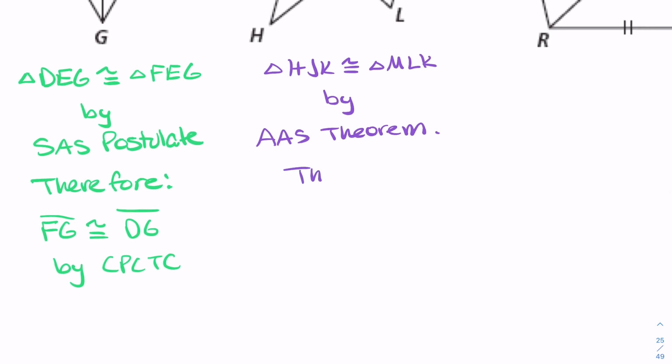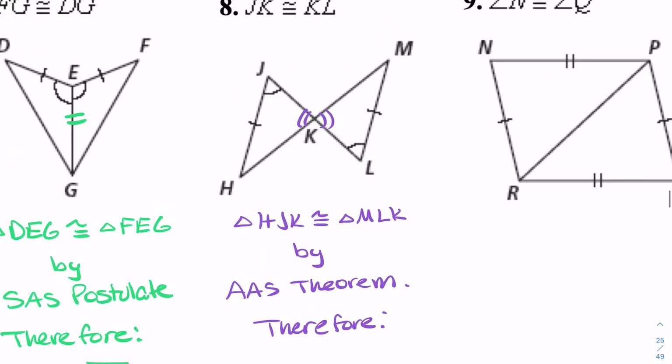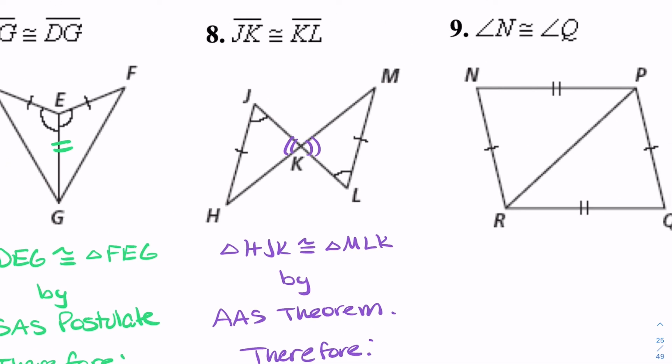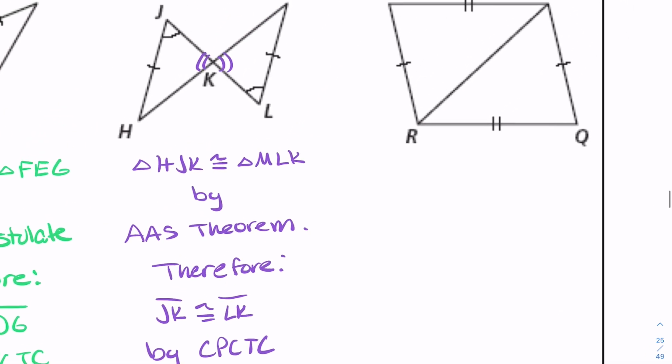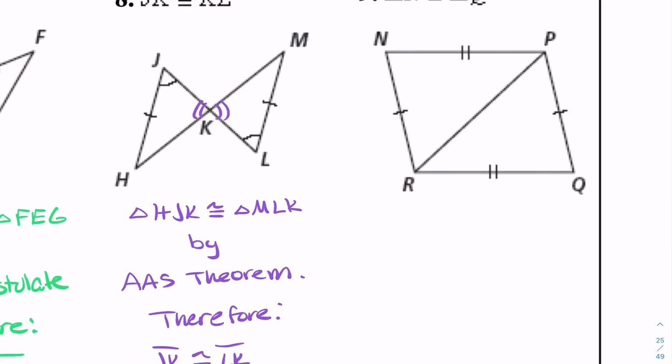Therefore, let's see, JK is congruent to LK. By CPCTC. We're going to make sure our order stays the same even though they're asking JK and KL. It really should be LK.